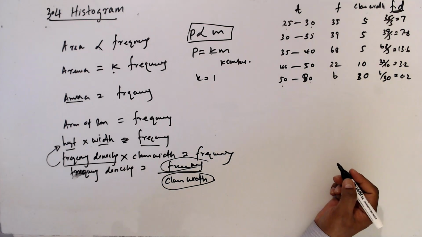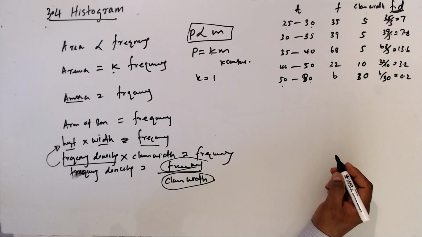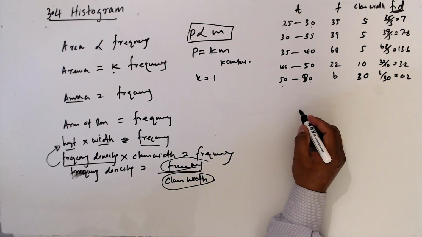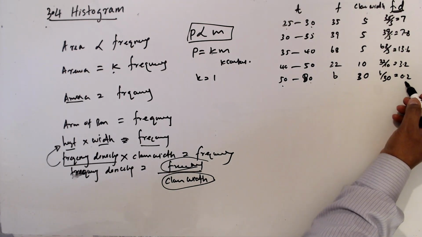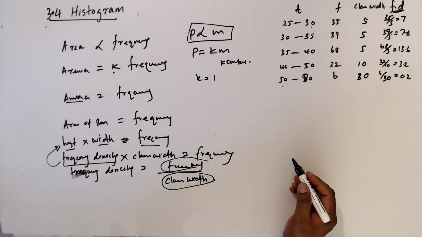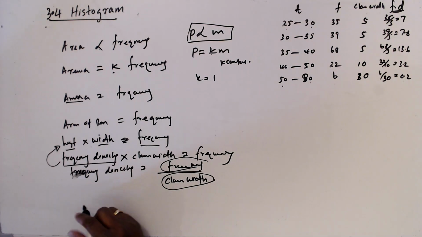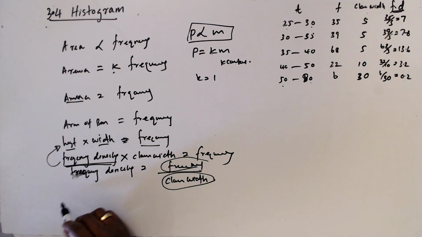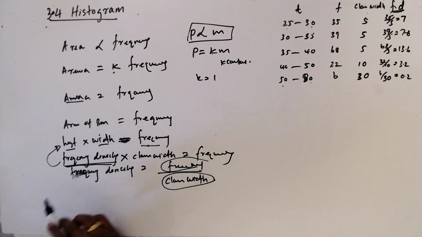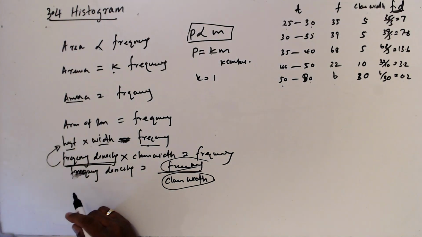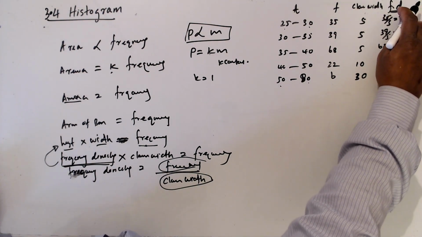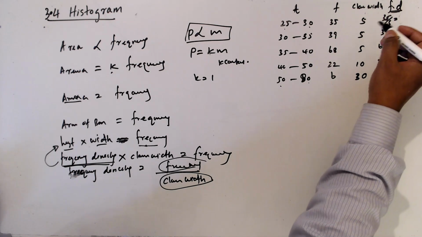Now you have to be smart when you select this area. From this area you should be able to represent values like 0.2 and 3.2. We use the word frequency density because it depends on frequency.